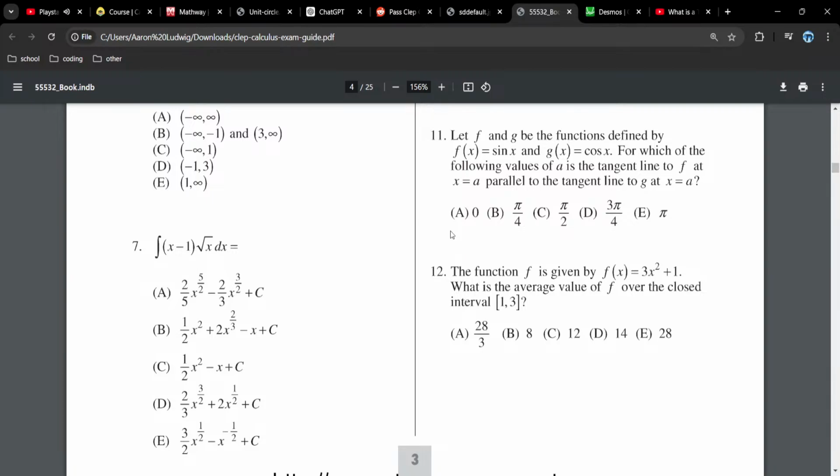135 degrees is how far from 180? It's 45. So you use your 45 triangle again, 45, 45. So sine 3 pi over 4 will end up being opposite over hypotenuse, 1 over square root of 2.